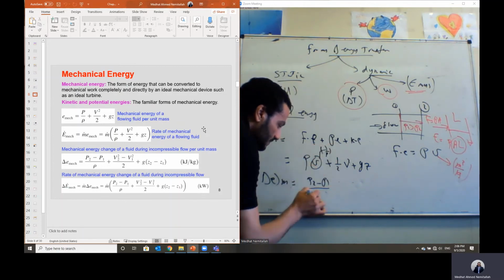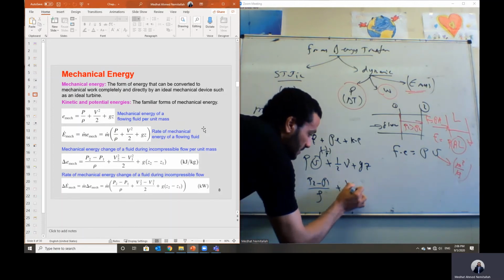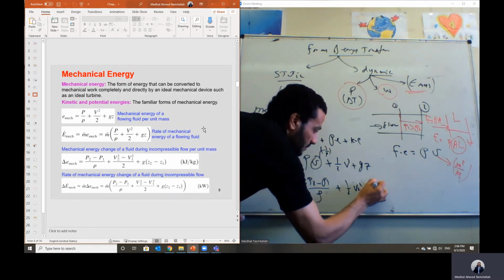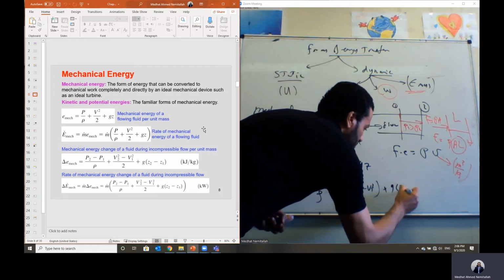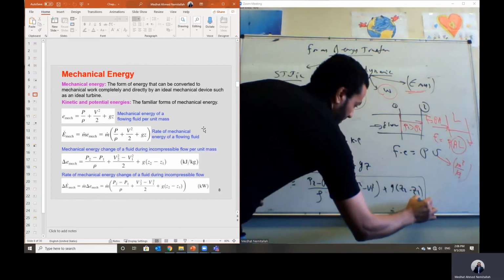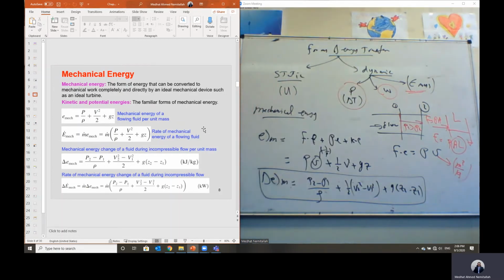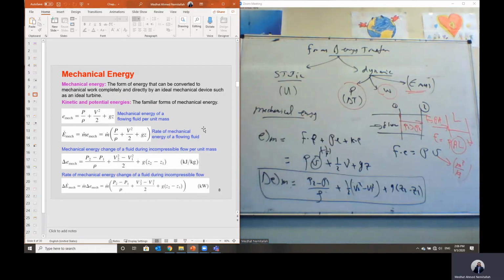So delta E mechanical will equal delta P divided by rho, plus half V2 squared minus V1 squared, plus g multiplied by the change of elevation, Z2 minus Z1. And this is the change of mechanical energy of the fluid when it is moving from one cross section to another cross section inside the tube.